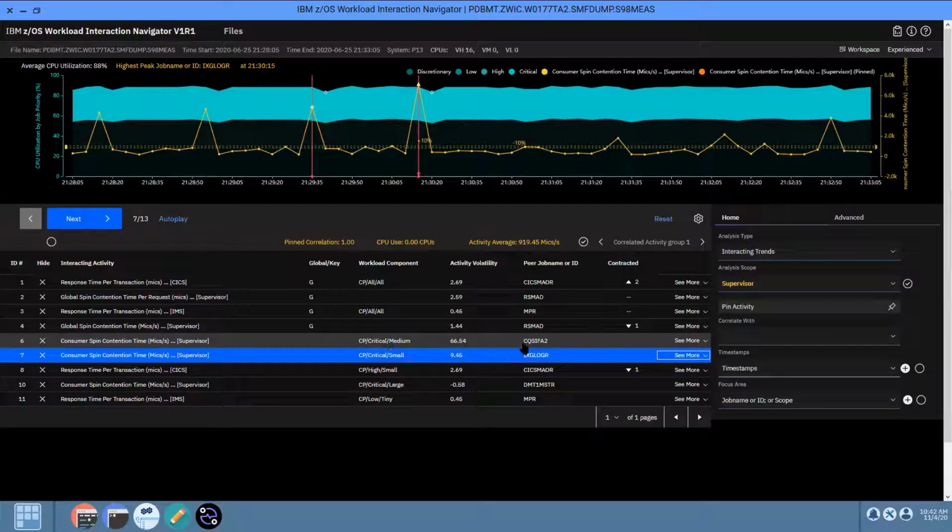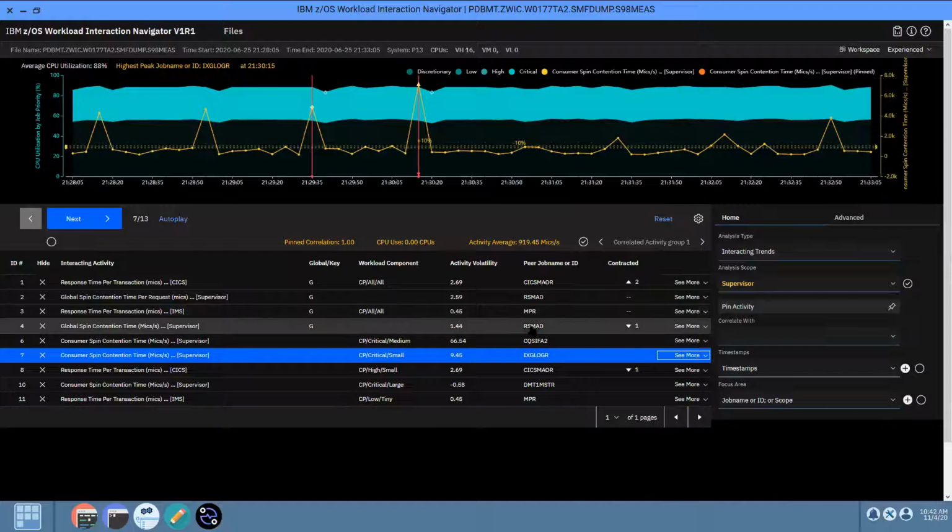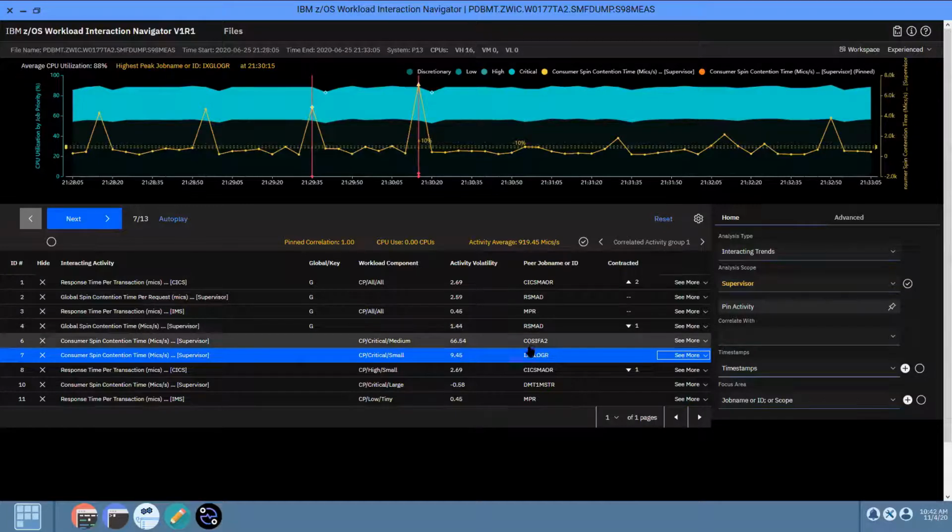And one interval before all of those peaks, we happen to see that there also was spin contention originating from the IXG logger address space.